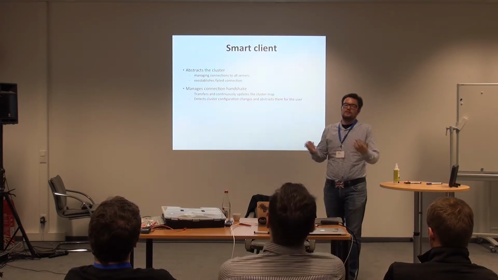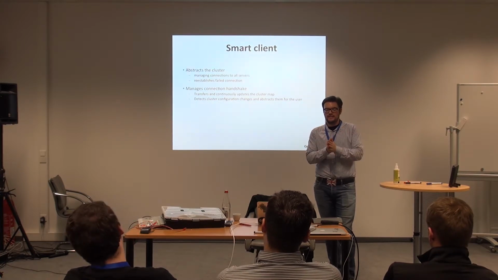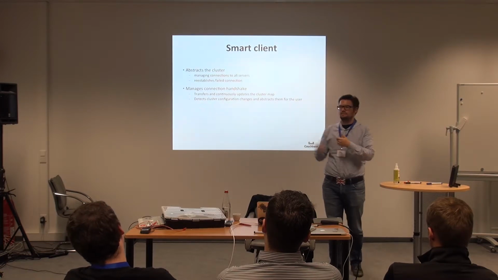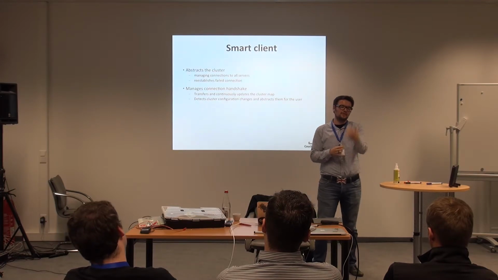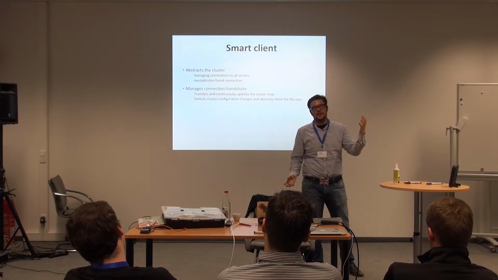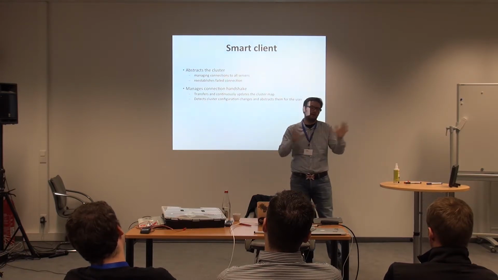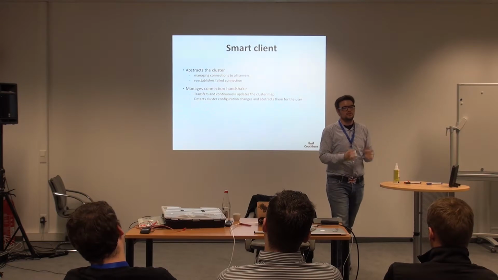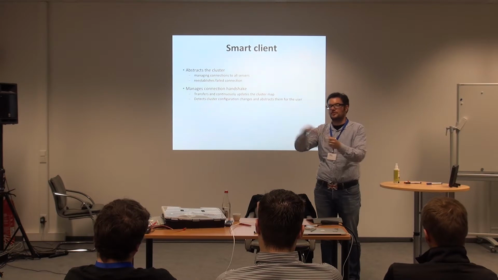It also reestablishes the connection if it should ever go down, because we don't actually have one connection to one node. In this case, I think I opened the connection to localhost. But what actually happens is you open the connection to localhost and get back a description of the whole cluster. At that point, the client establishes a connection to every node in the cluster where it needs to get data from. So you don't ask the same node all the time, which would in turn ask another node.